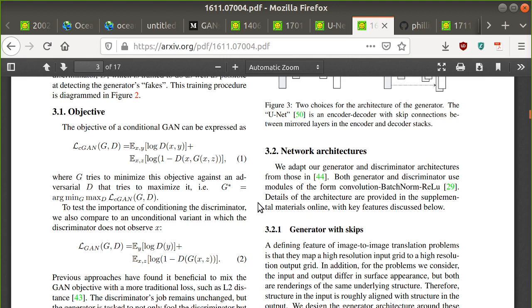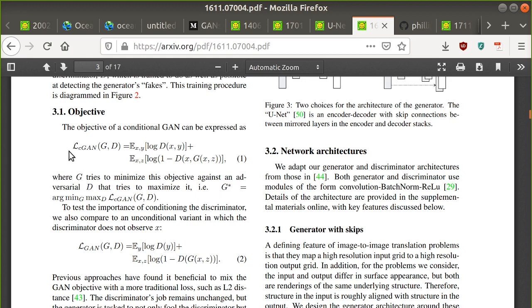They also try to match the true cloud image that was taken at the same time as this meteorological variable. So it's not only this GAN framework, they're also adding a term to their loss which corresponds to simple supervised learning, right?